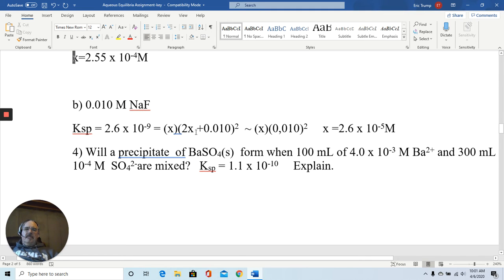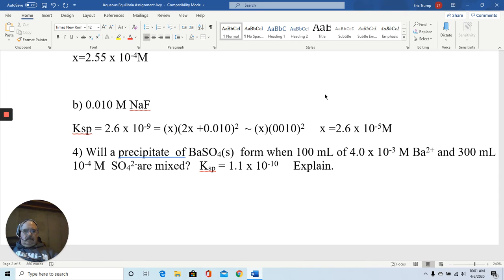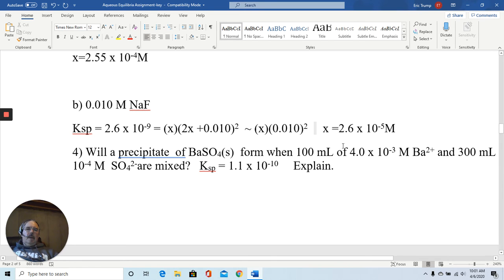And again, let's assume that the 2X is small. And this simplifies. So we'll need to take 0.01 and square it. Divide both sides by that squared quantity, and then that's our X. So 2X is 2.6 times 10 to the minus 5th.